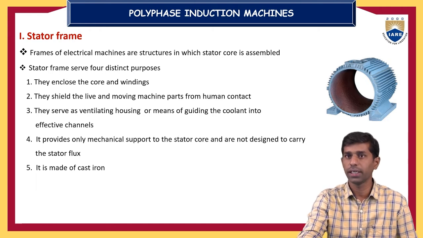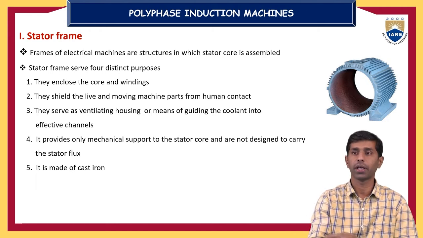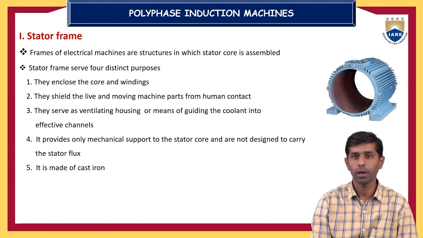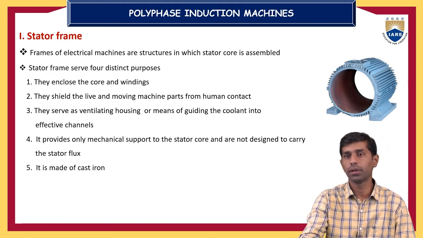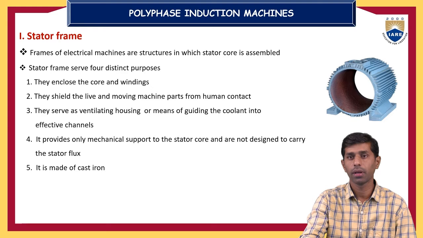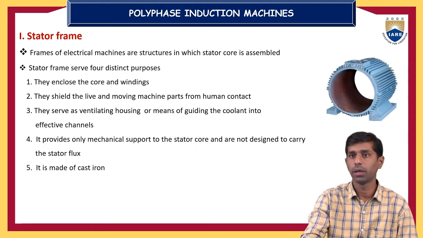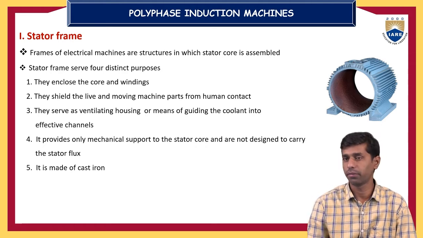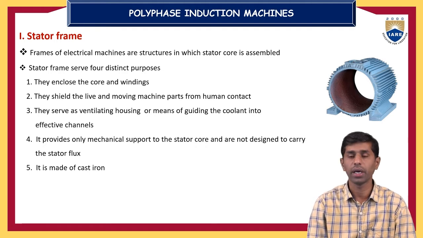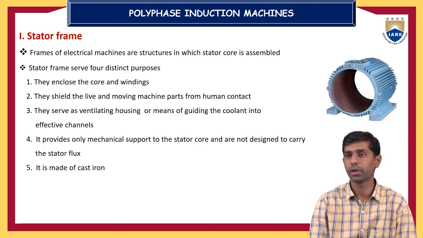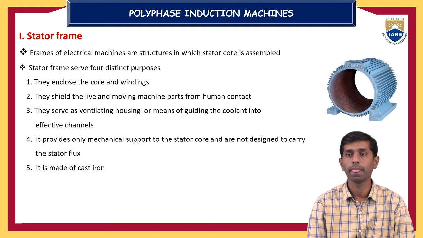Generally, the stator frame is made up of cast iron. It serves the following distinct purposes. It provides a mechanical support to the stator core, and it acts like a protecting cover for the stator winding and all the rotating machine parts inside the stator frame.